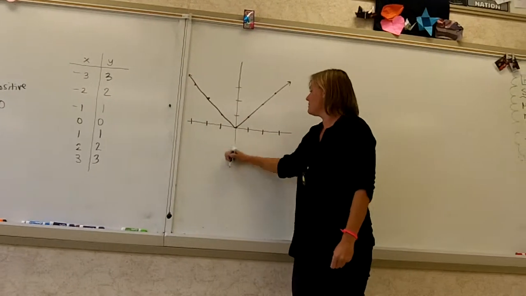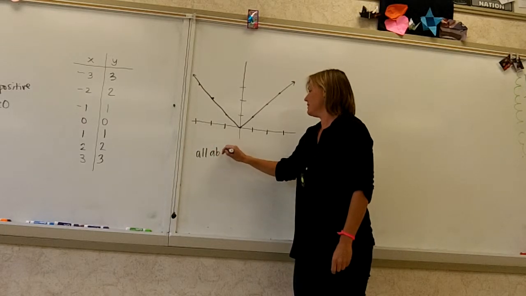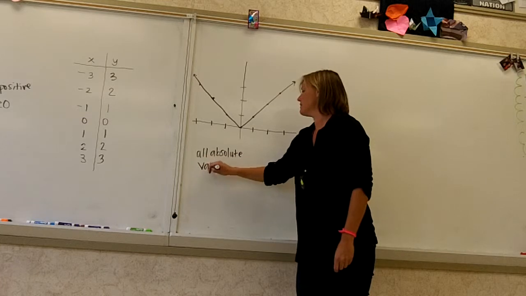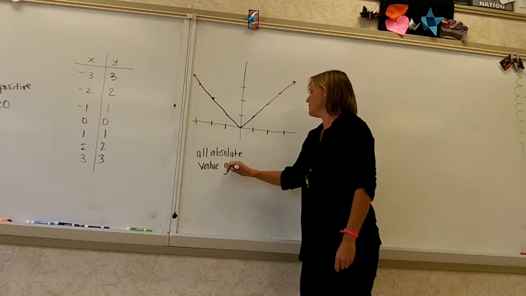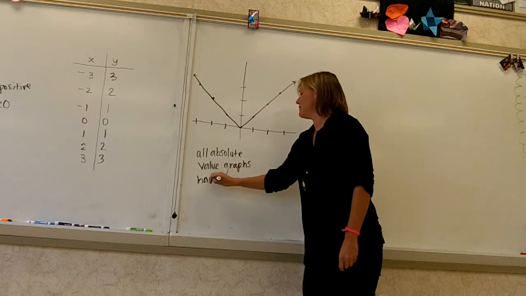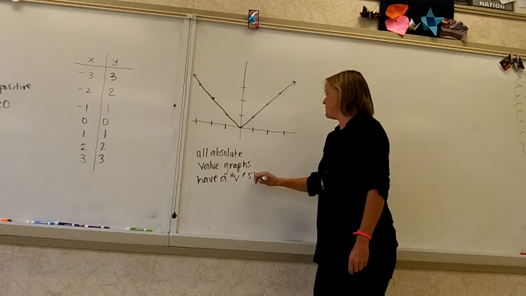So all absolute value graphs have a V shape.